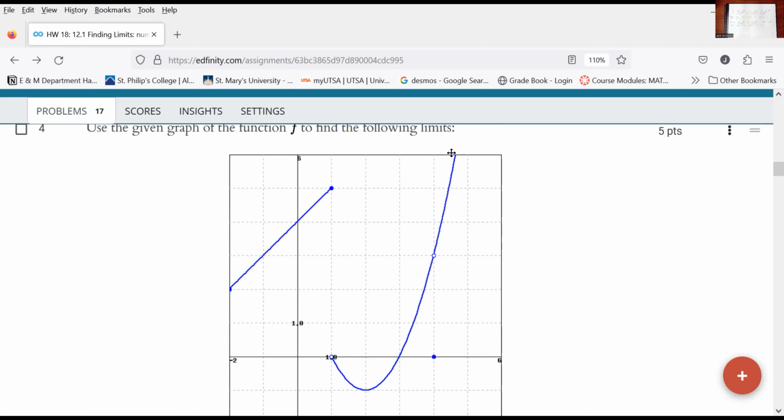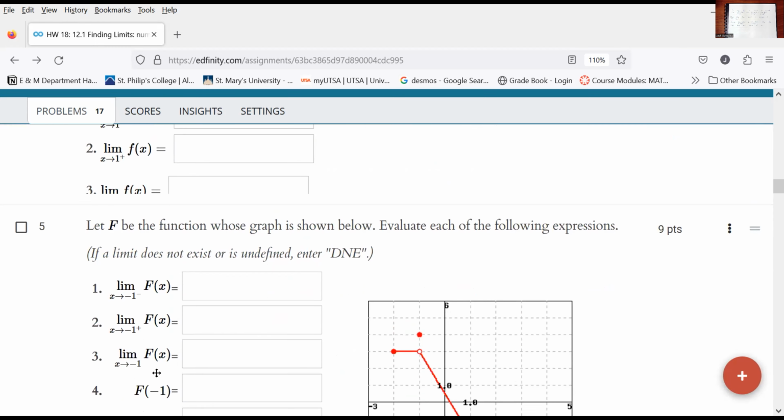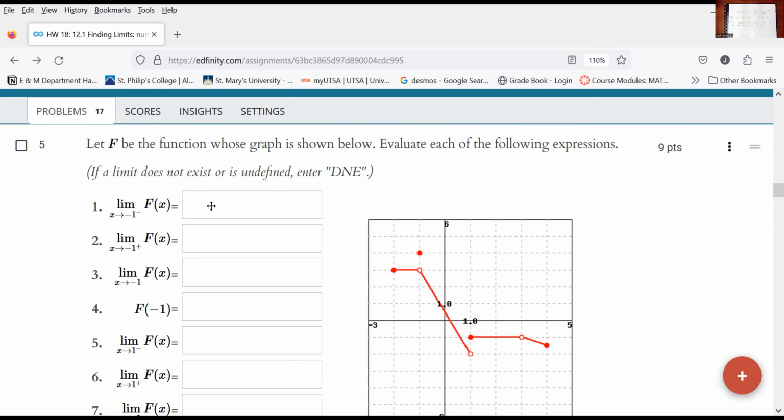If I approach from the right, positive 1, like 1's right there, right? So approaching from the right, what is y going to? Yeah, it's going to be 0. So just plug them in, you'll be good. Are they the same? So you would put D and E for number 3.